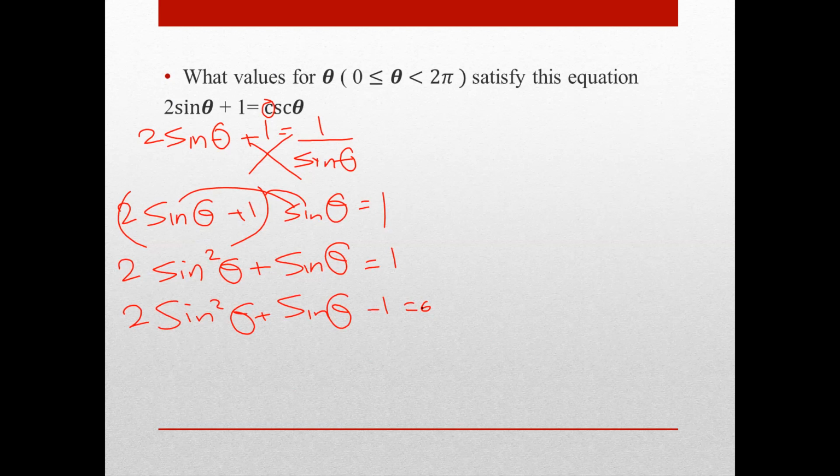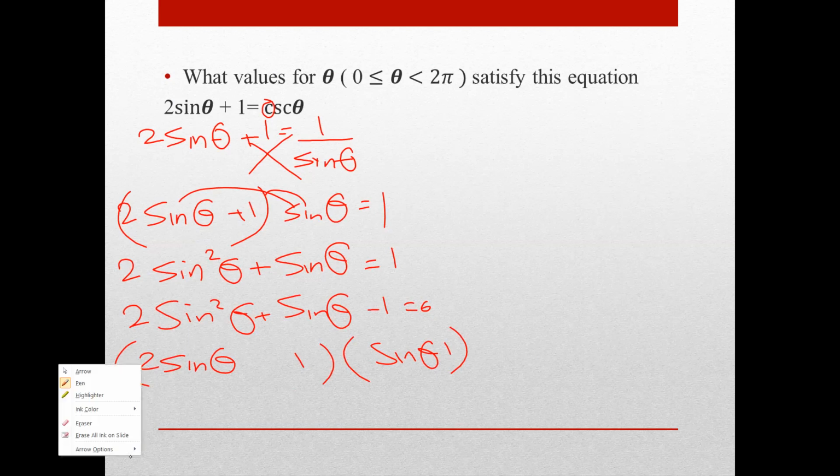Yes, it will be 2 sine theta times sine theta, 1 and 1. Then negative 1 for positive and negative. So here we have positive and here we have negative. So negative sine plus 2 sine is positive sine.